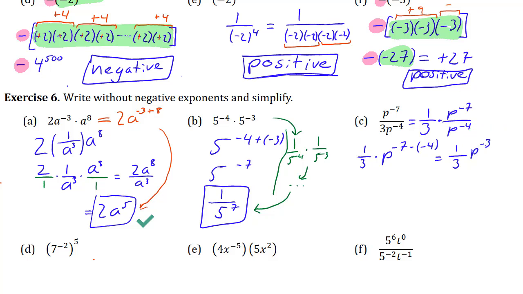And p to the -3 is 1 over p to the 3. And then we're just multiplying the 1/3 by that, which gives you 1 times 1 in the top, and 3 times p to the 3 in the bottom.